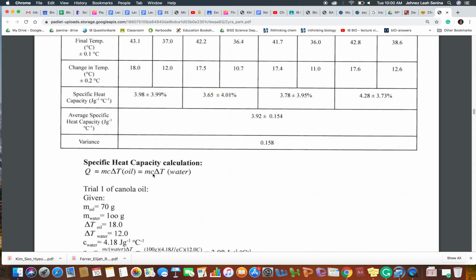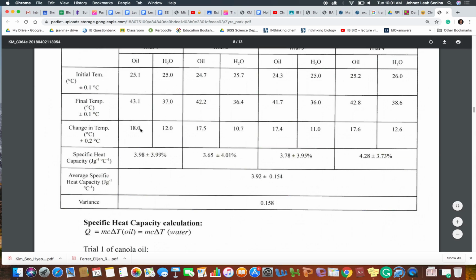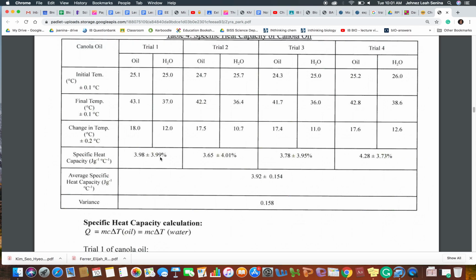So if we calculate for C, so you have the Q, right? You know the mass of the oil. She also measured the temperature change of the oil. That's why if you look at her table right here, she has the temperature changes of the oil, temperature changes of the water. You understand? So you can calculate for the C there.